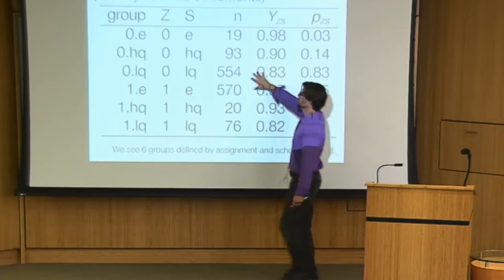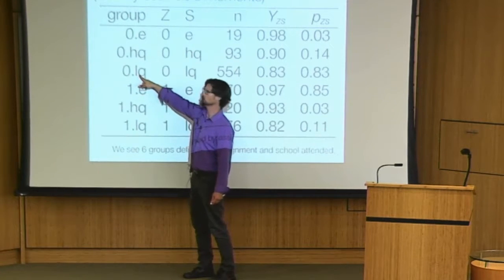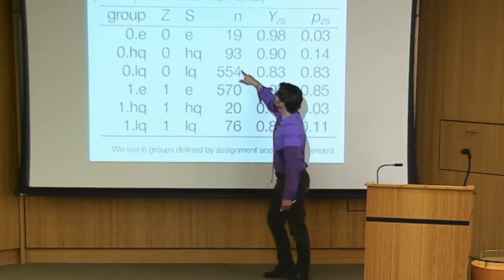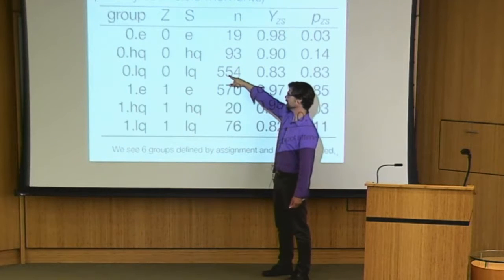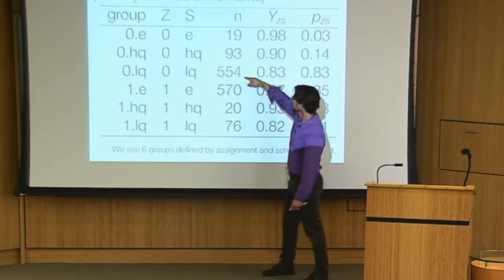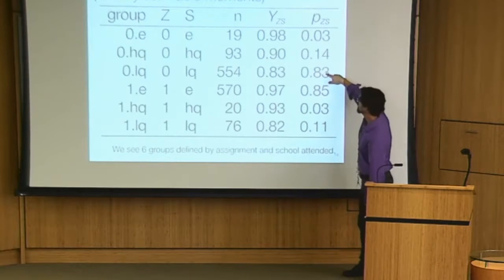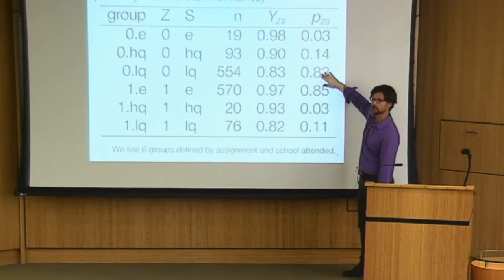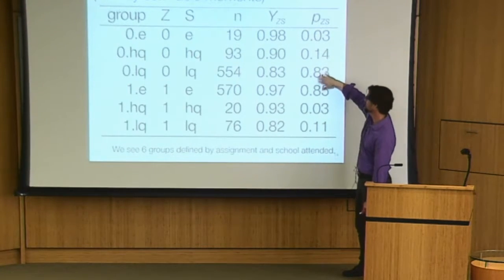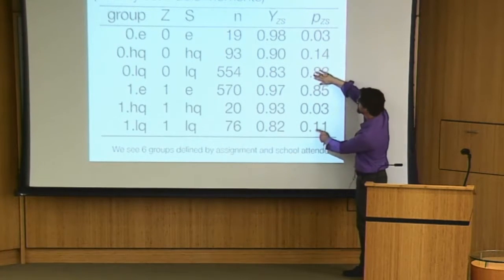These two, right? The low-quality compliers, if you don't give them treatment, are going to obediently go to a low-quality school. So these 554 are a mix of low-quality compliers and low-quality always takers. Some of them are always takers, some of them are compliers. That represents 83% of the population, and we know that the low-quality always takers are 11%.